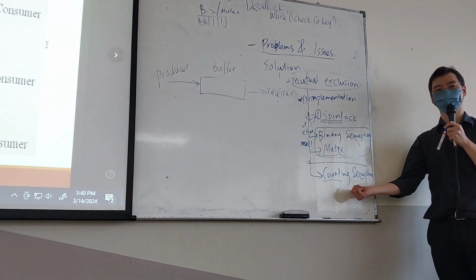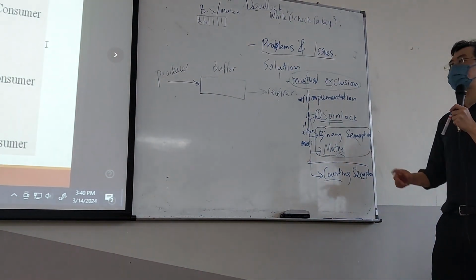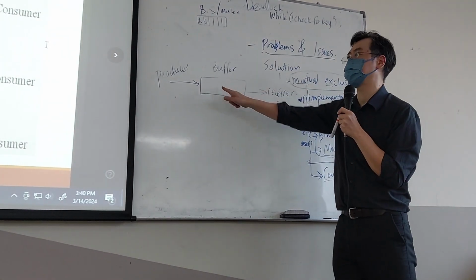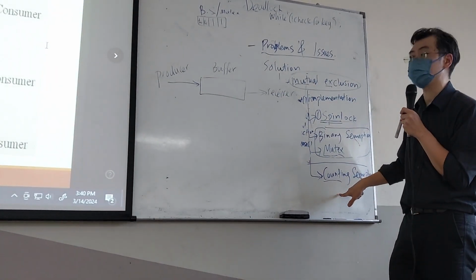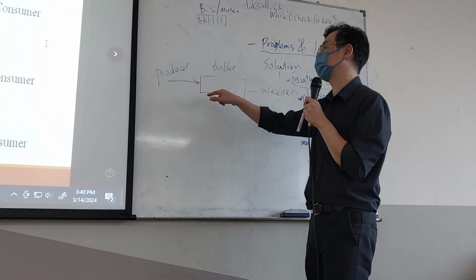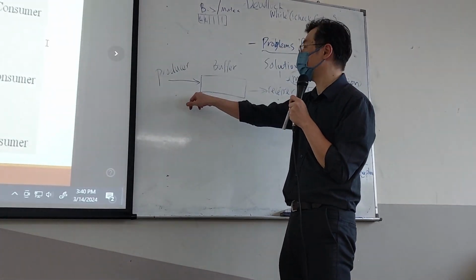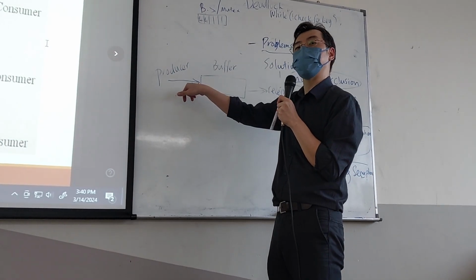Counting semaphore. Okay? So the counting semaphore is not solving mutual exclusion, although there's a mutual exclusion problem here, but the counting semaphore is to solve this other problem. This buffer here can be filled up, but somehow it will get full. Right?